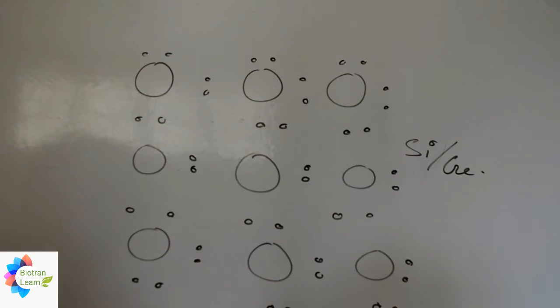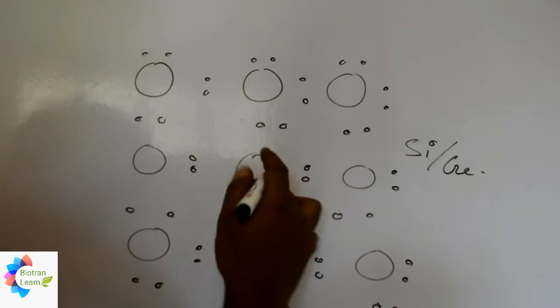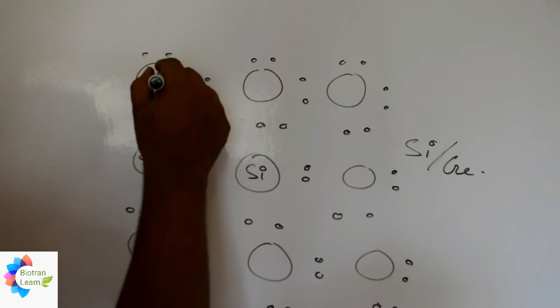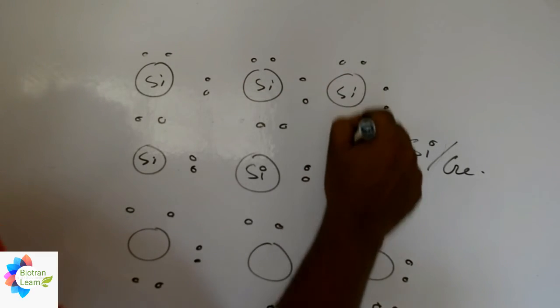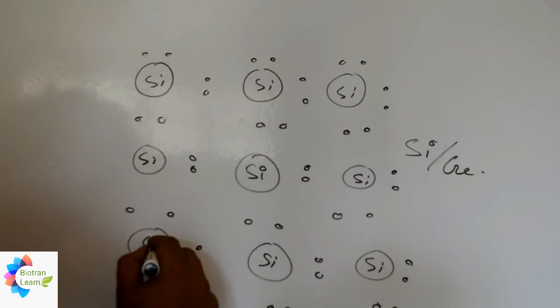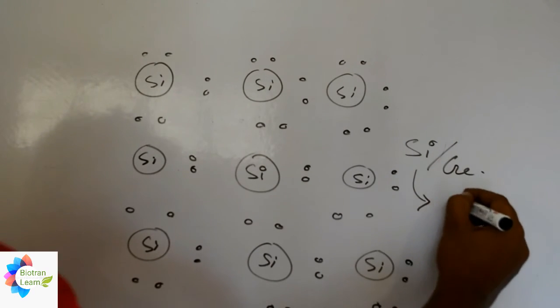Now what happens if we introduce As in place of silicon? All of these silicons are tetravalent.